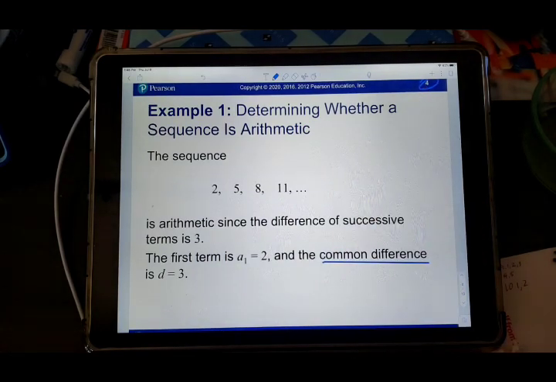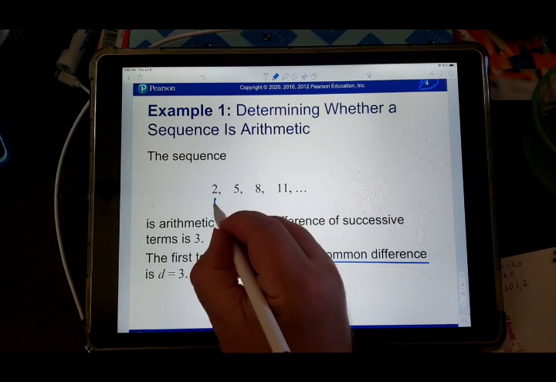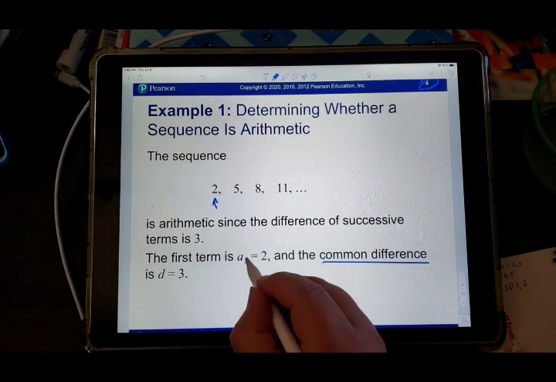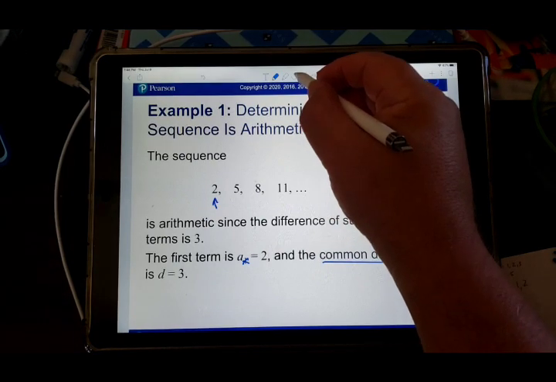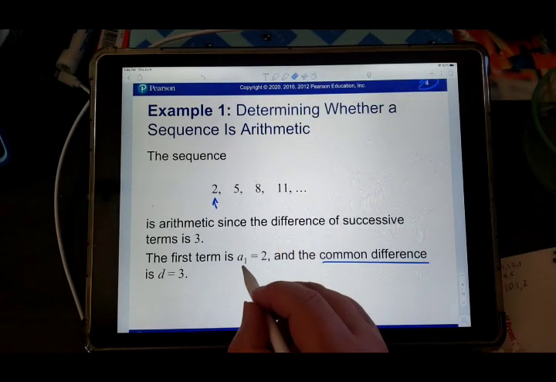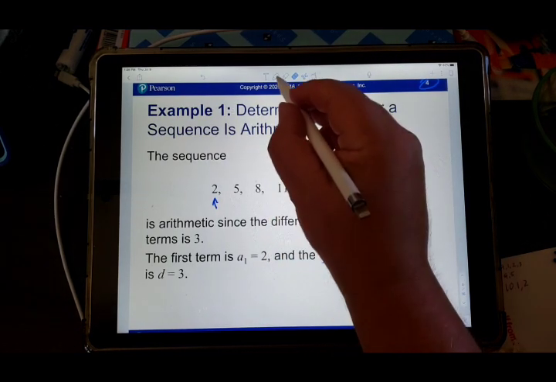All right, so a very typical question. Well, I already had this one, but they're going to ask you what the first term is. So they might call it a, or they might call it a sub 1. Depending on how the question's asked, if they say, what is the first term, it would probably be appropriate to say a sub 1 equals 2.